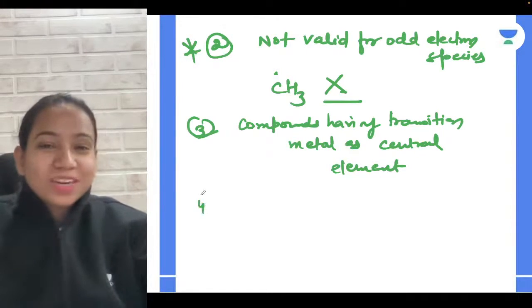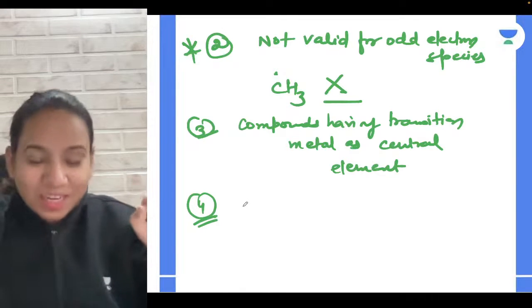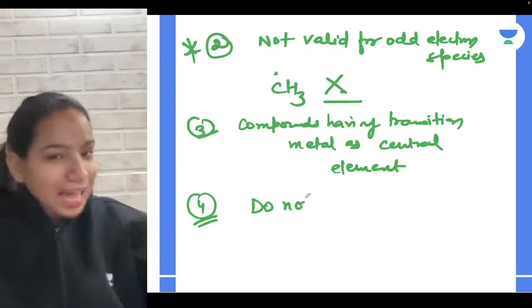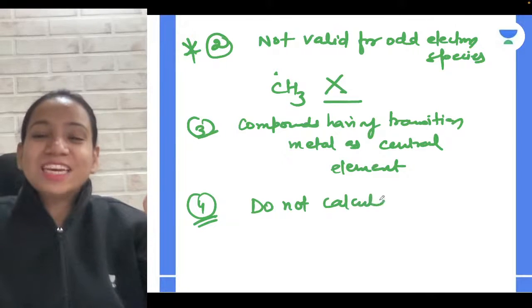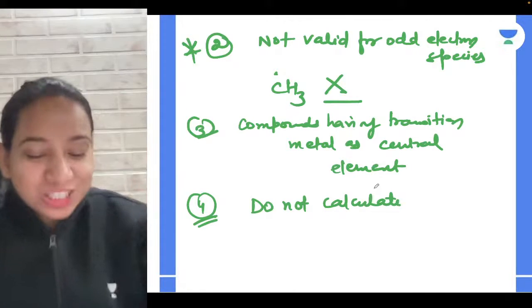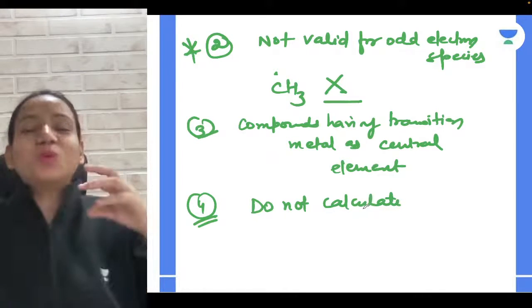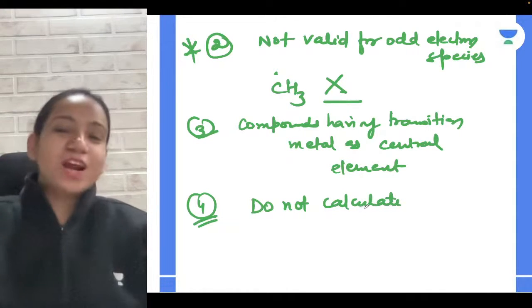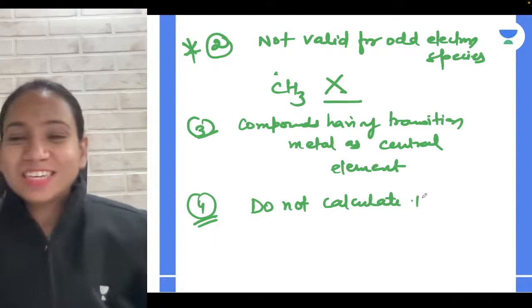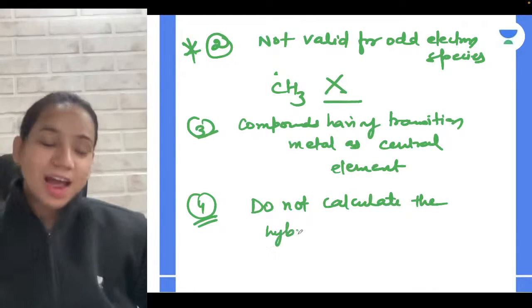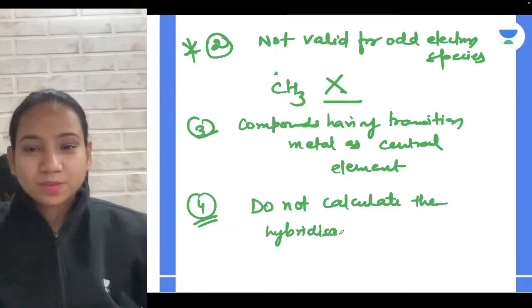Also, it's very important that this formula does not calculate hybridization for ionic compounds. Hybridization is a concept of covalent compounds. There are many students who tell the hybridization even for ionic compounds. Do not calculate the hybridization for ionic compounds.